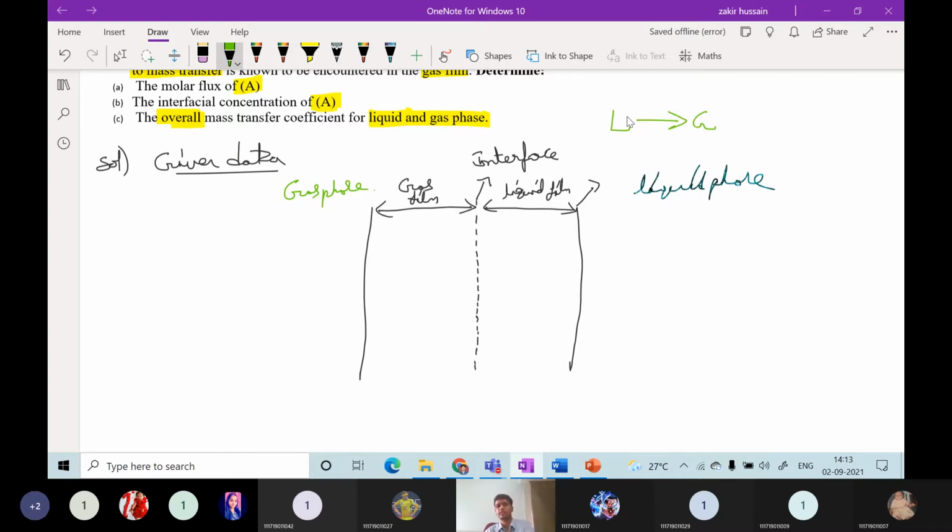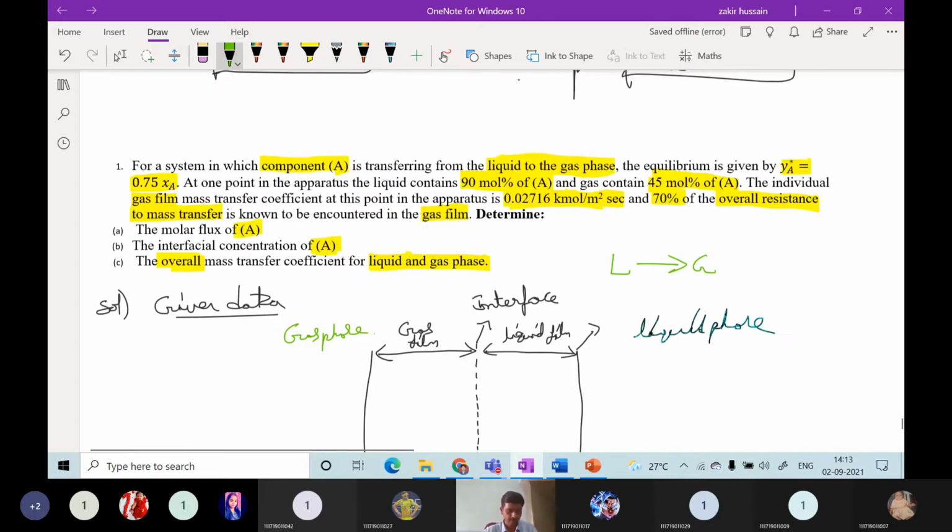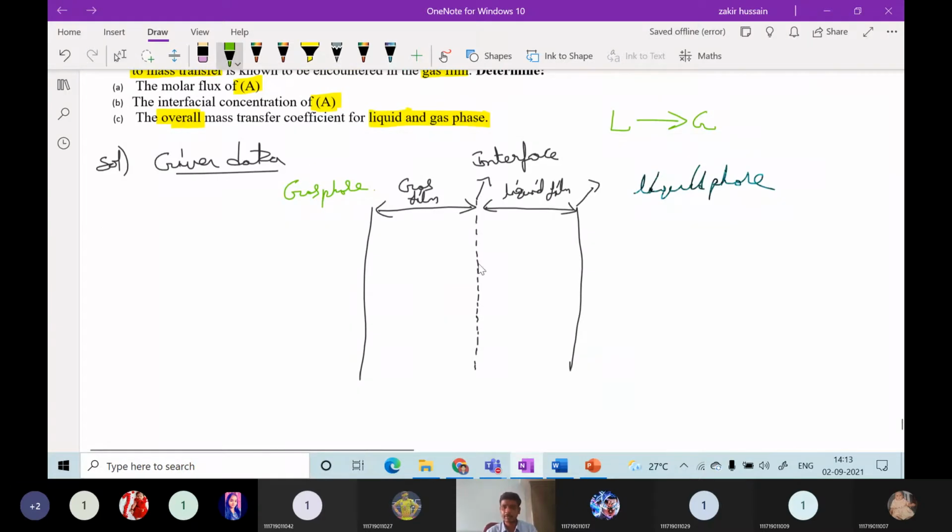Earlier the derivation was gas to liquid, meaning the concentration profile will be the reverse of the previous profile. So how will that look in reverse? The 90 mole percentage of component A is in the liquid phase, and 45 mole percentage of component A is in the gas phase, meaning 0.9 mole fraction of A is in the liquid phase. So initially it will start here.